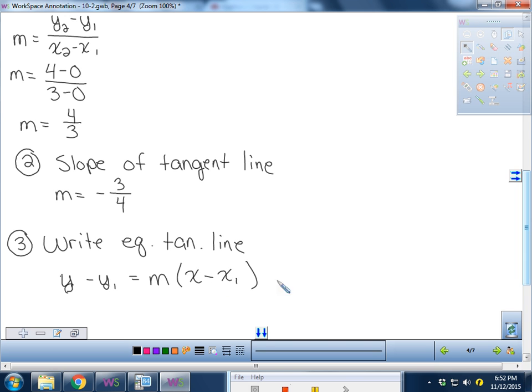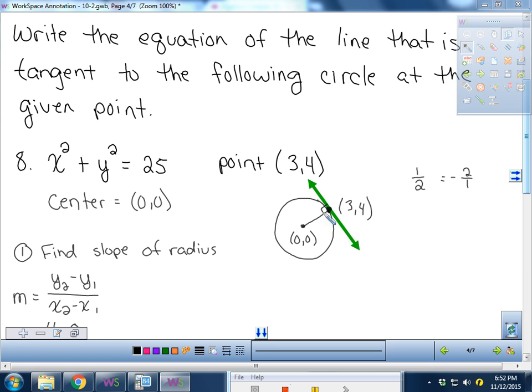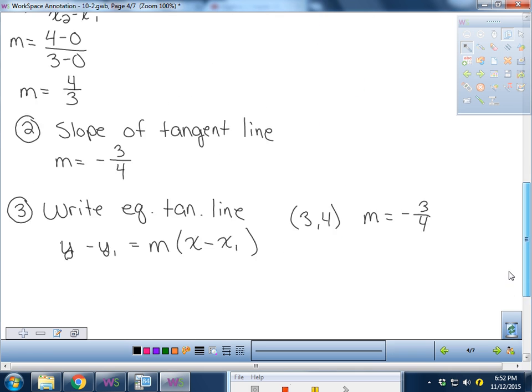This is point slope form. That means it writes the equation of a line using the point and the slope. Now remember, the point on my line is 3, 4, and my slope is negative 3/4. I just found that right here, and the 3, 4 comes from the point on my tangent.